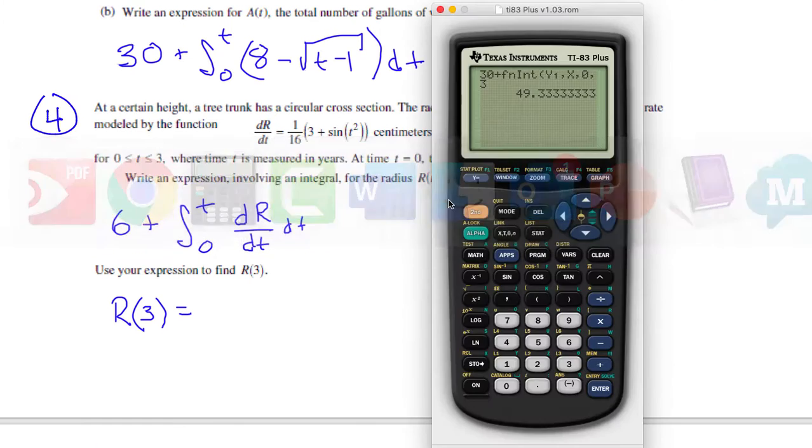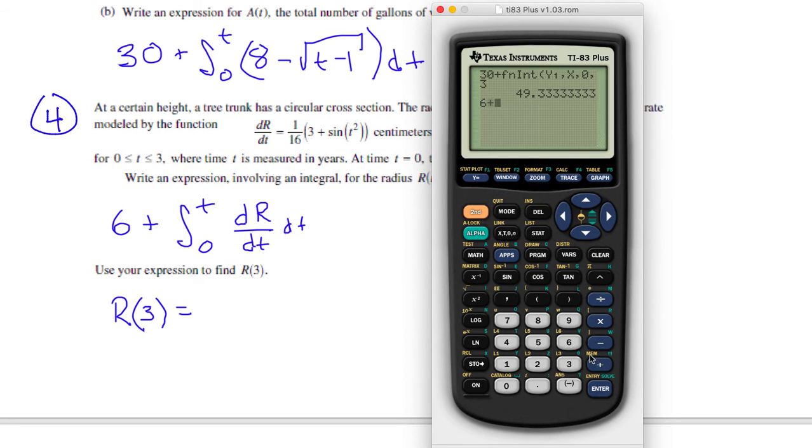I'm going to come back to my calculator and say 6 plus math 9, the integral of the function, I have to type all this in, 1 divided by 16. And I do have to write times, I think. Yeah, because otherwise that's going to be all weird. Times, and I'm going to do parentheses just to be sure I'm doing this right. 3 plus sine of x squared.